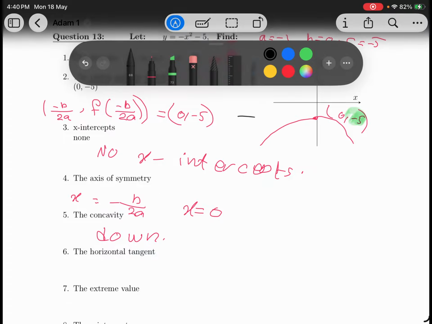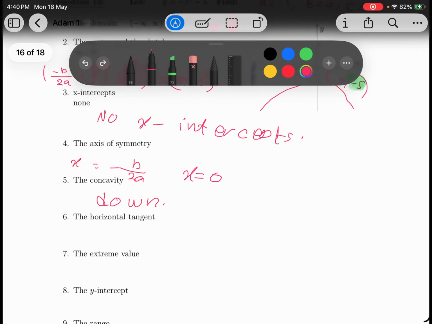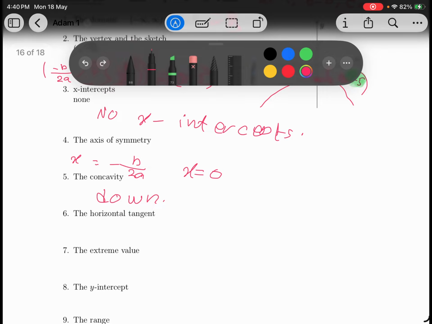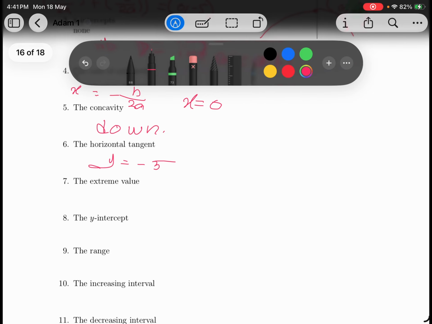Look at this here, we have the horizontal tangent. The graph is handmade, so you have to lower your expectations when it comes to accuracy. So y equals minus 5, the only horizontal tangent for this.